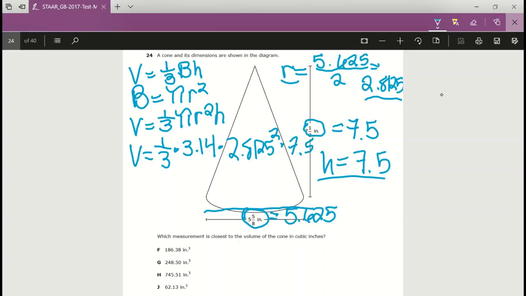I plug this entire big long equation into my calculator, and I get my volume is 62.0947. So we have to find whichever one's closest. The closest one is choice J, 62.13. The others are not even close to that.